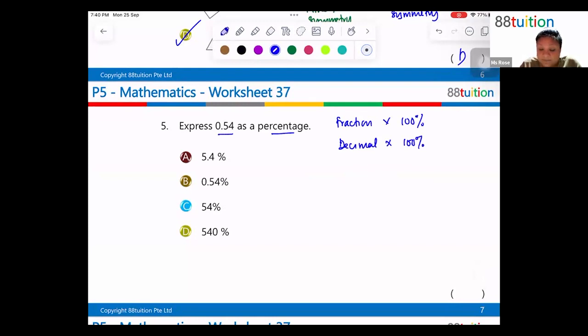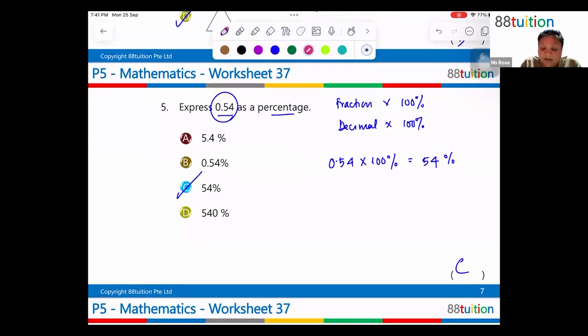So just two. To put it in a percentage, 0.54 times 100% gives me 54%.